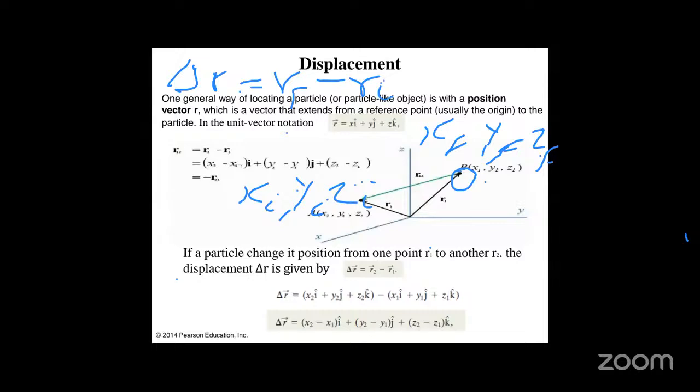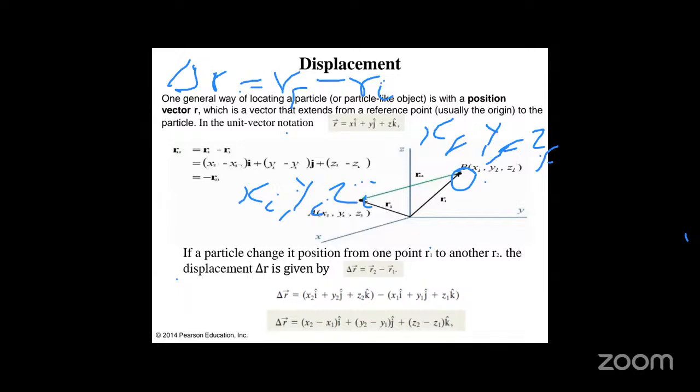That implies that we are going to consider each of the components, the difference between the component X final and X initial, the component Y final and Y initial, the component Z final and Z initial.